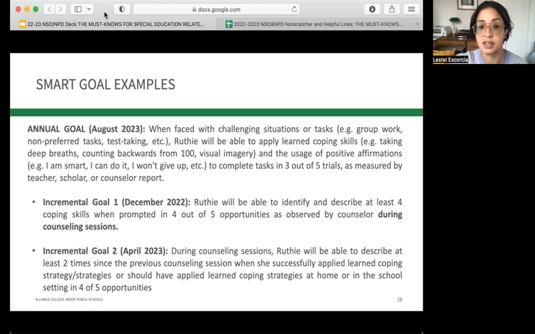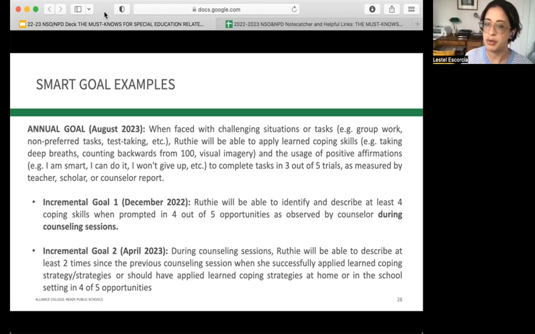And then that gets us to the annual goal, which is the highest level of difficulty, right? What we want her to achieve in a year. So when faced with challenging situations or tasks, Ruthie will be able to apply the learned coping skills and usage of positive affirmations to complete the task in 3 out of 5 trials as measured by teacher, scholar, and or counselor report or observations.